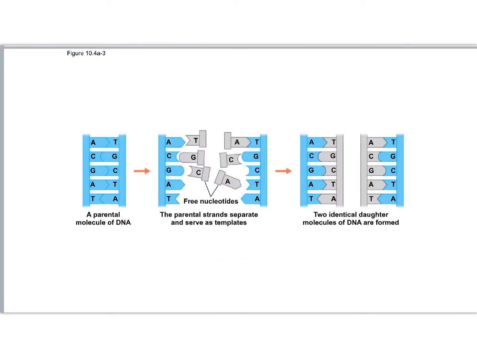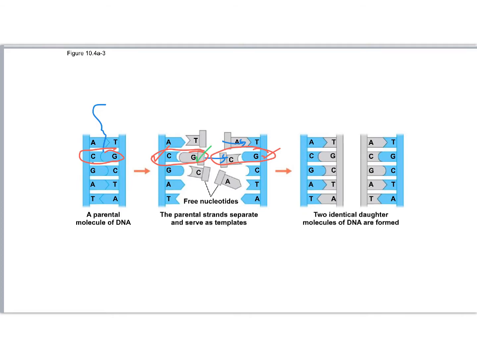So here's what it looks like in a little more of an animated version. We're going to unzip this parental DNA molecule. After we've done that, we use some mechanisms to insert brand new nucleotides that match. See, this is a C. Here's a CG pair on top. It means we're going to still have a CG pair. It just means here's going to be the older parental template strands.